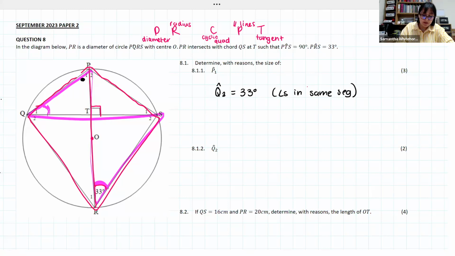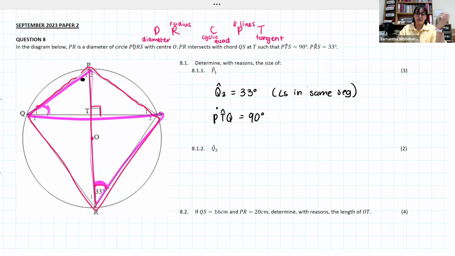We were then told that angle PTQ is equal to 90. There's a couple of different reasons you can give here. You could give angles on a straight line. I wouldn't say line from center bisects chord, because you don't yet know it bisects the chord. We're going to use that in a second.